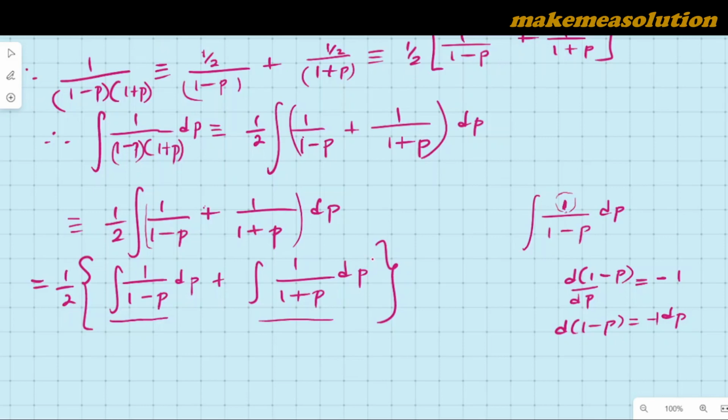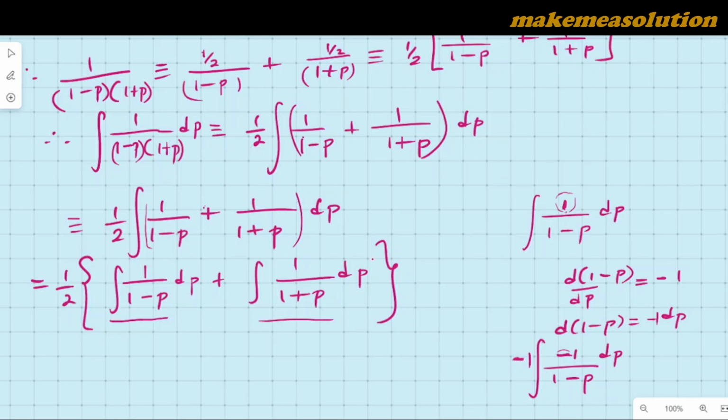Yes. This is how I'll rewrite this integral. I'll write it like this, minus 1 all over 1 minus p dp. And I'll now put a minus 1 outside, because there was no minus sign initially. So whatever I'm doing here, I have to create a countermeasure to cancel the effect of introducing this minus sign.